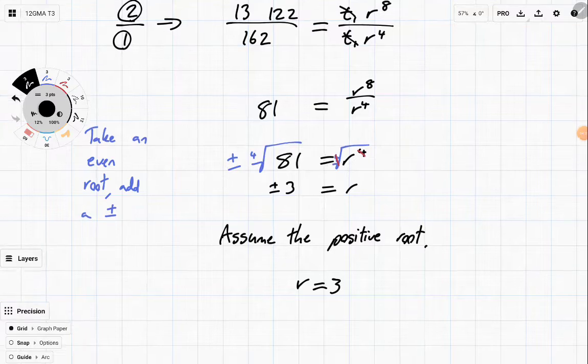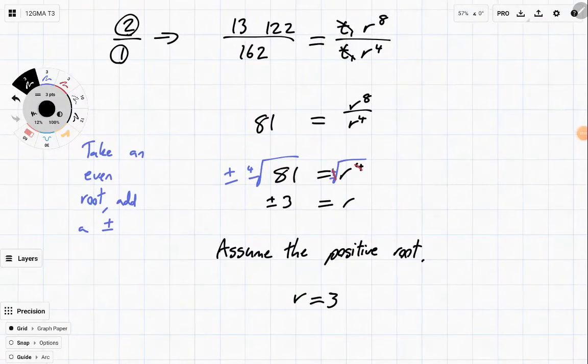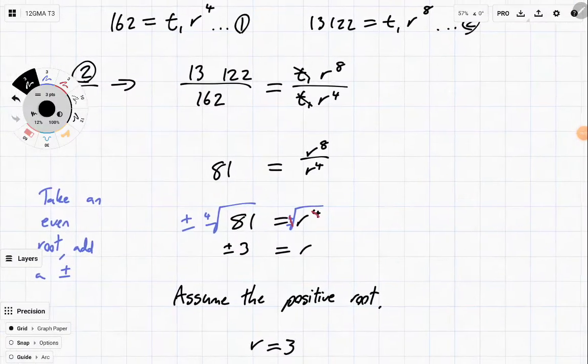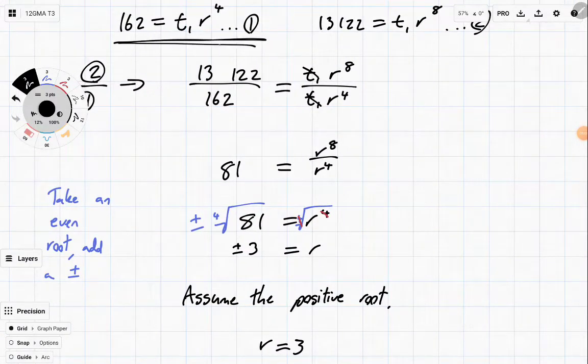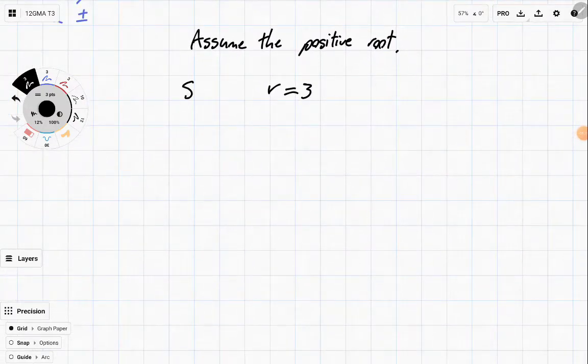Alright, so now that we've got that, the only thing we're left with is we need to go back and find T1. Now you've got two equations there. My favorite equation is going to be number 1 because it's a little bit simpler. So let's sub r equals 3 into 1.